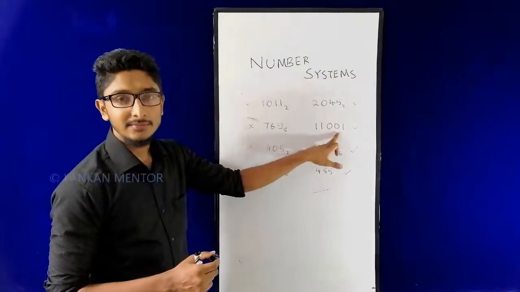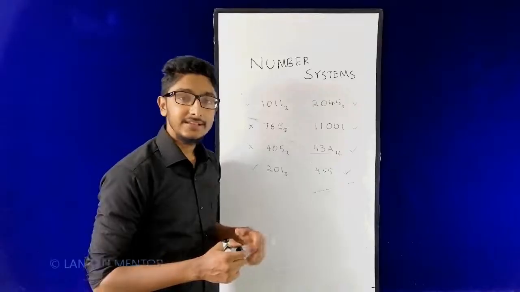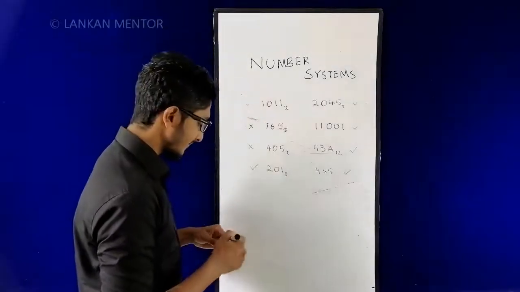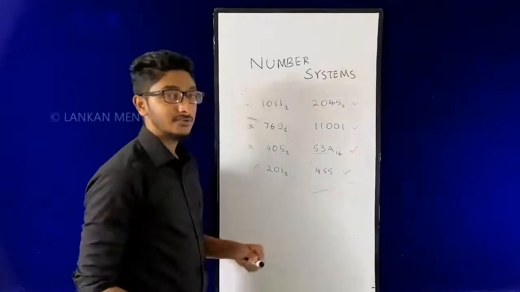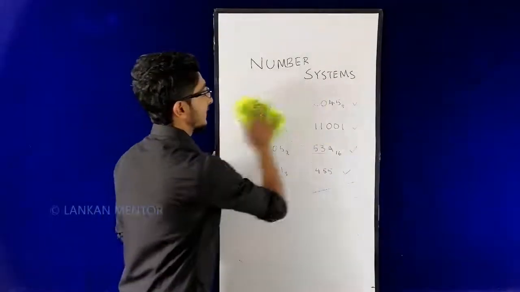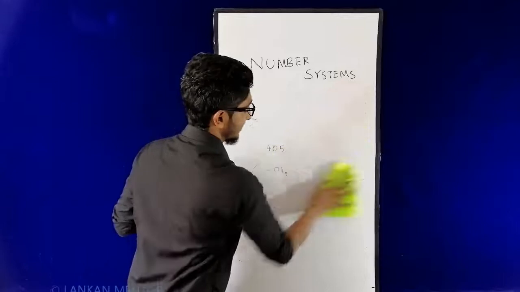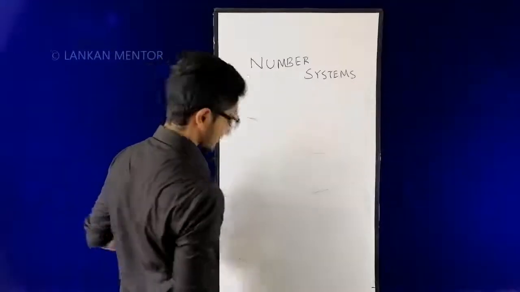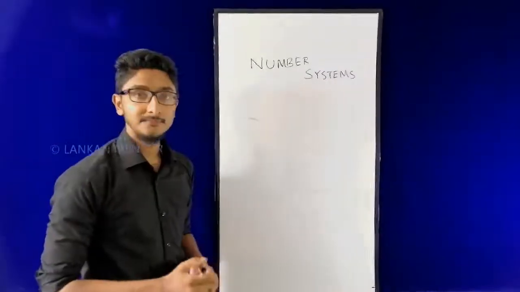Why? Because the base is not mentioned there. So now we'll move on to conversions from hexadecimal to binary and octal to binary and vice versa.